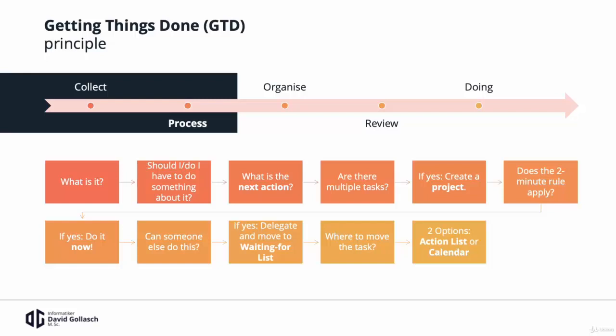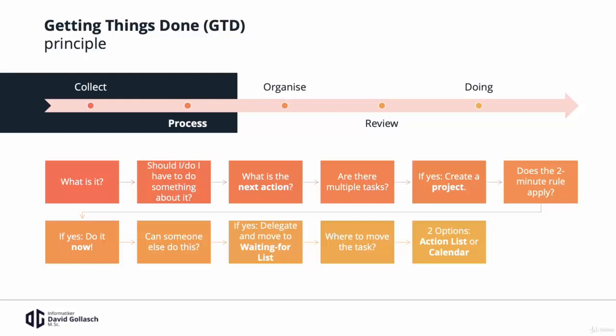Well, then, if you know what the next action that you can actually do is, you can ask yourself if there are multiple tasks related to this. So do you need to do multiple actions, multiple steps to fulfill the task, to really do everything about this item that was in your inbox?